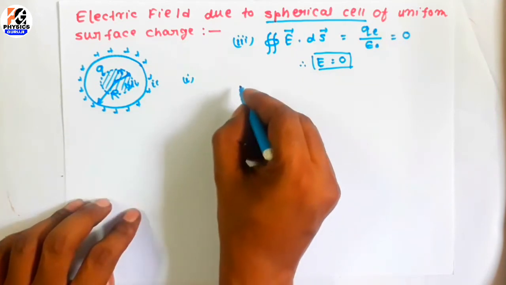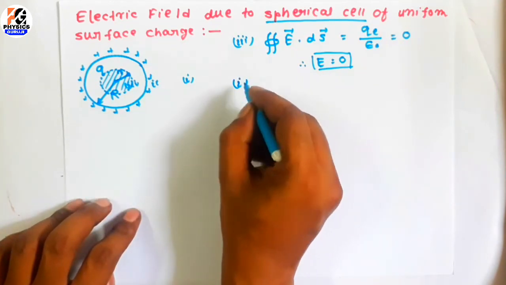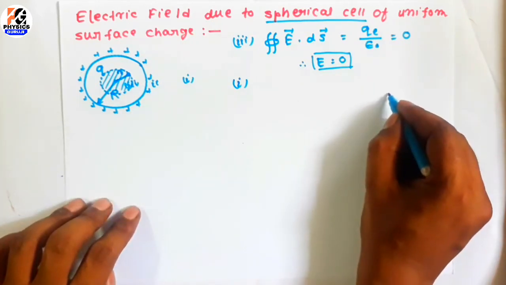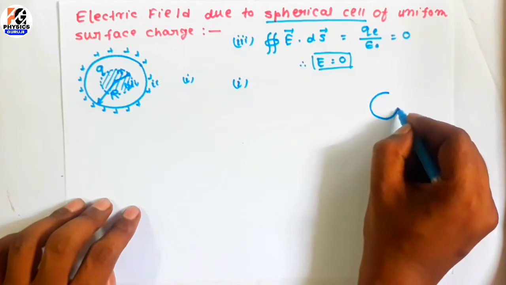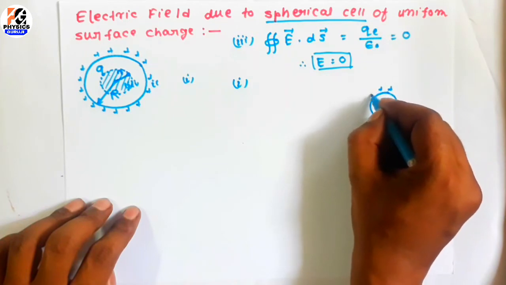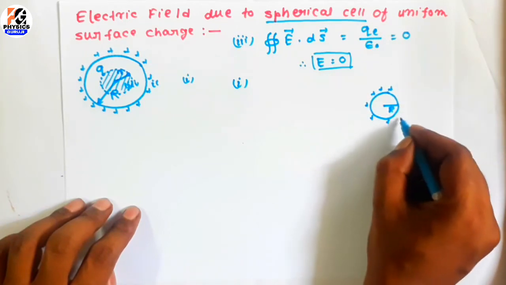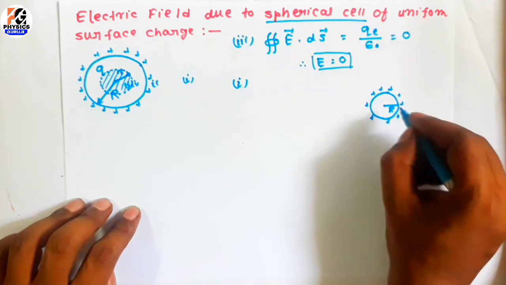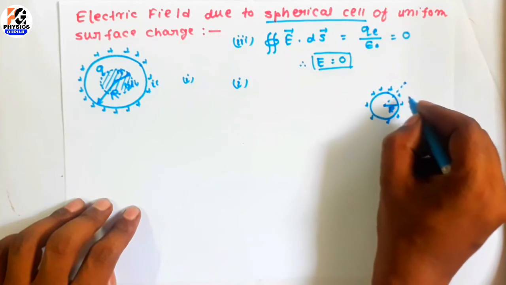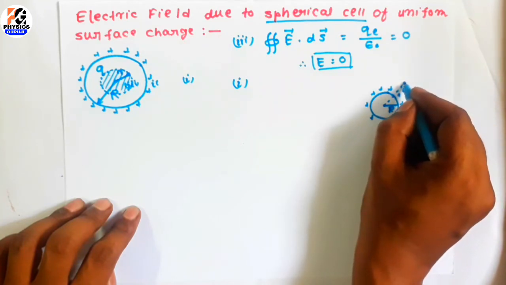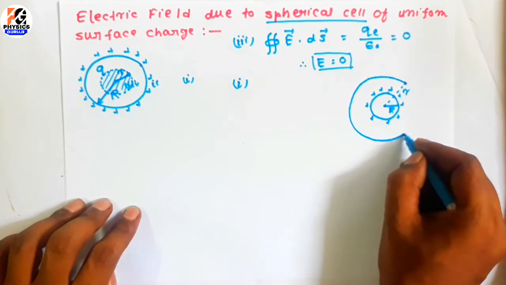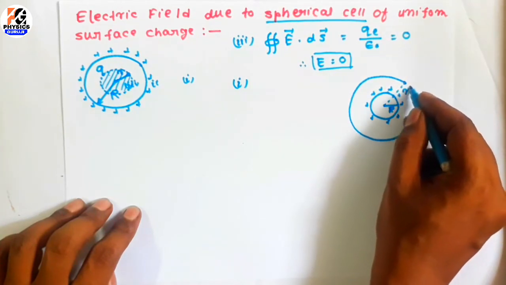Now I want to calculate the electric field outside the surface. For outside the surface, I will draw the figure separately. So this is our charge distribution, plus plus, that is the distribution of the charge, and I will take a point outside the surface at a distance small r, and our Gaussian surface will look like this, concentric with the charge distribution.